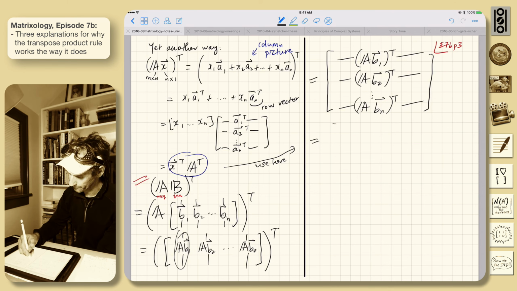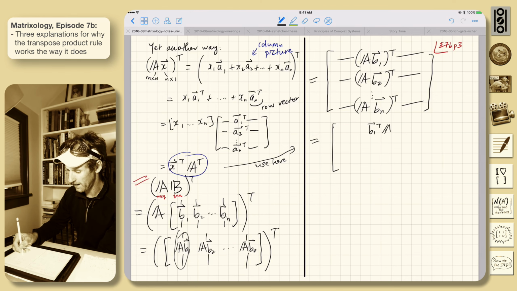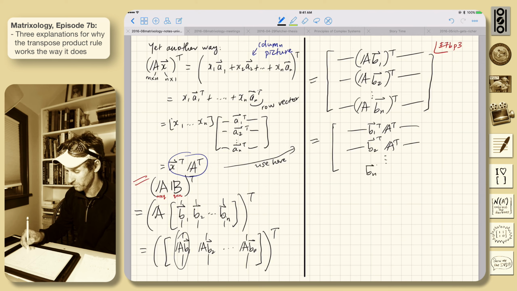All of these things will now be B1 transpose A transpose, B2 transpose A transpose. We have the little flip in here, and the last one is Bn transpose A transpose.